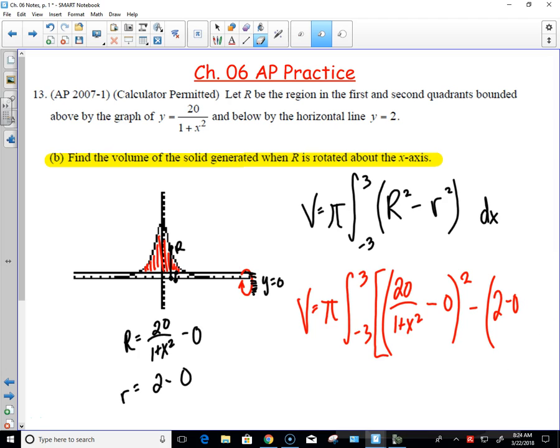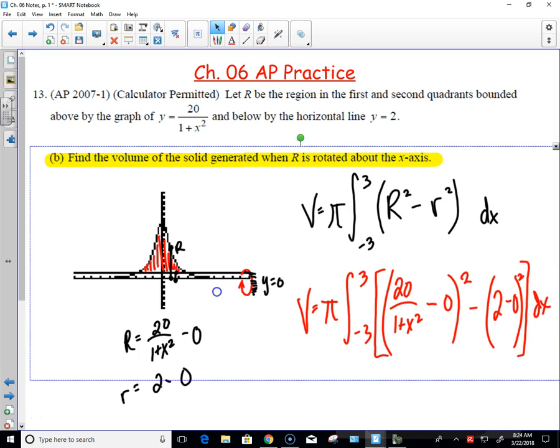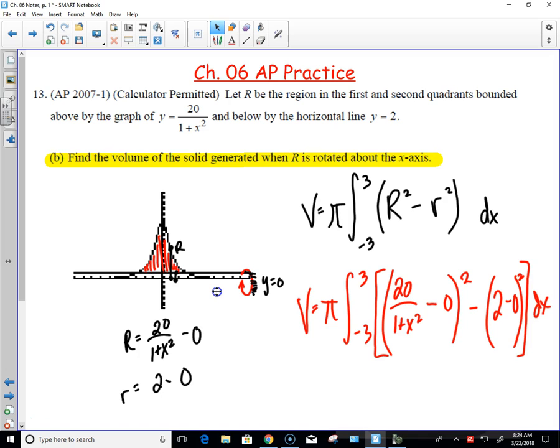If you just said that 20 over 1 plus x squared is like f of x, to simplify it, you'd have to solve that numerically, but to save time writing it out, could you just write f of x? Yeah, you should be fine, but just plug it in your calculator. Well, you would need to say something like f.